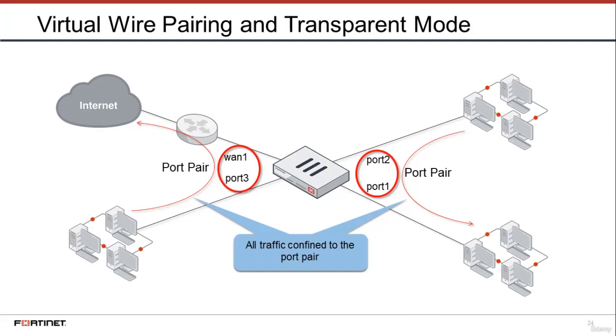Virtual wire pairing allows traffic only between ports in the same pair, between port 1 and port 2, and between port 3 and WAN 1. So in this example, the network on port 3 can reach the internet through WAN 1. However, the networks on port 2 and port 1 can't reach the internet. They can only reach each other.